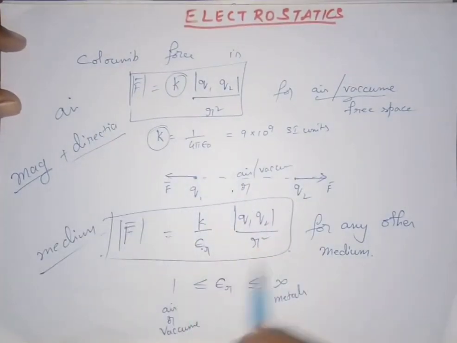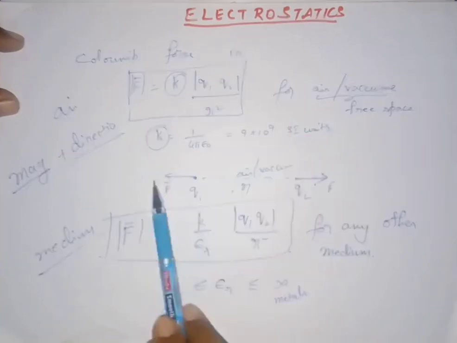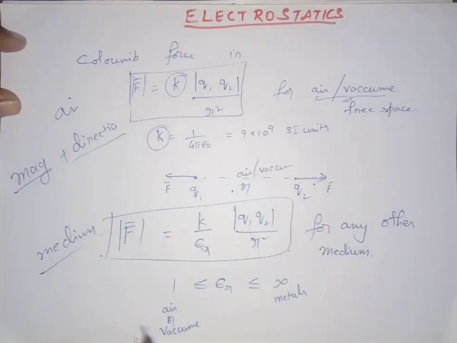The magnitude is given by the expression and the direction is along the line joining the two charges. So in all the applications, we learn the magnitude as well as the direction. Based on the directions, we keep adding them. Okay, moving on to the next slide.